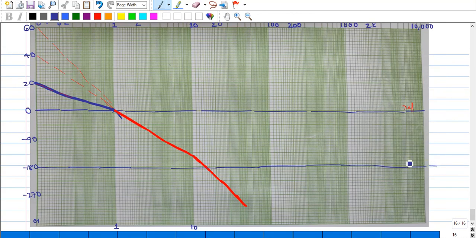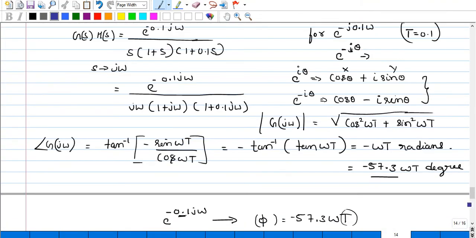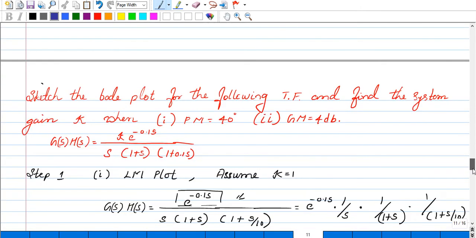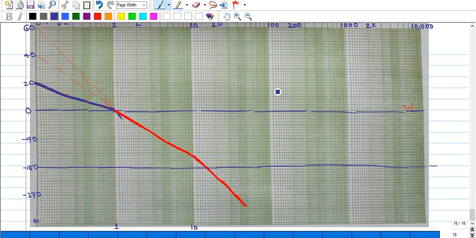Now if you notice, they have given in the question itself the phase margin as 40 degrees. So in this case, we are supposed to draw a construction line at minus 180 degrees plus 40, that will be minus 140 degrees. For minus 140 degrees, we need to draw a construction line.